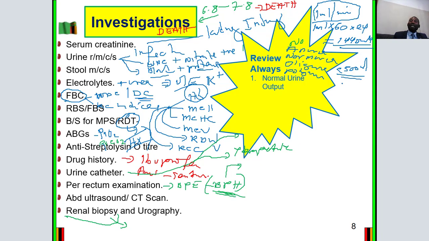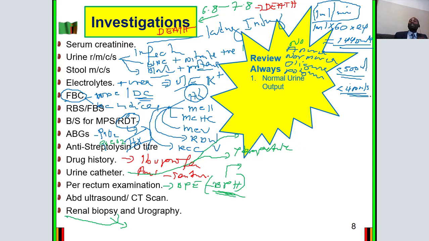We have seen it marked significantly when it is less than 400. That's why most of your books will tell you now less than 400 mLs. But we know that just less than 500 is still oliguria. Now we have a specific term: between 400 to 500, we are calling it non-oliguric.